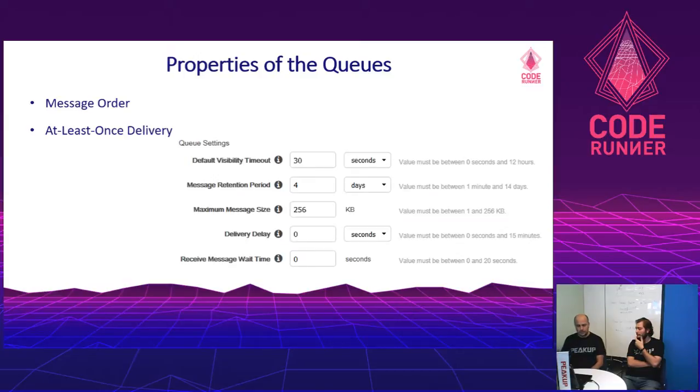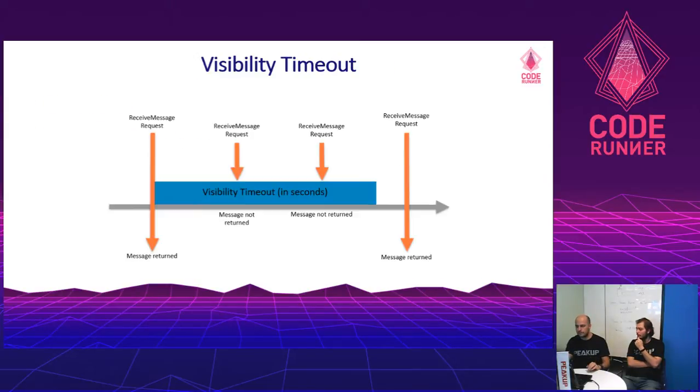And for example, you can configure your maximum message size, so you can limit the message coming to the queue as your clients need. You can put a delivery delay, or you can set a message wait time from the console. I'm going to show you this in the demo in the AWS console, by the way.